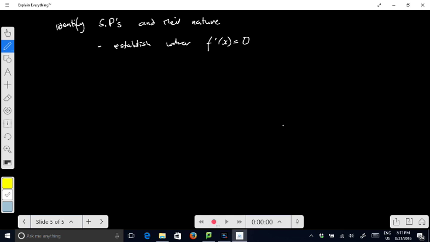So we can identify stationary points and their nature by establishing where our derivative f'(x) is equal to 0.